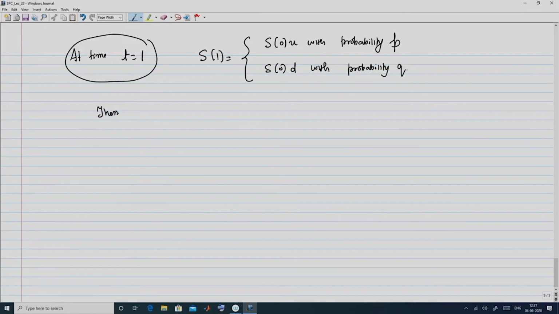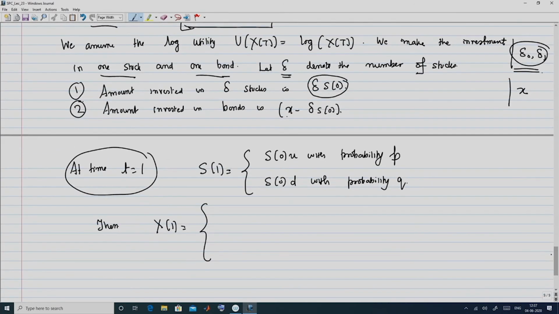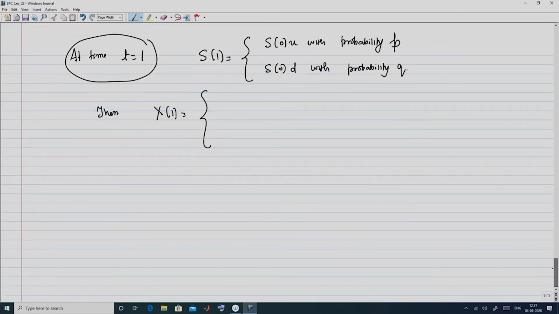So, then what are the possible values of x1? See, what was your investment in bond? The investment in bond was x minus delta into S naught. So, irrespective of whether the stock goes up or down, your valuation of the bond is going to be the amount of money that you can get, into 1 plus r, and in both the cases it is going to be x minus delta into S naught into 1 plus r.